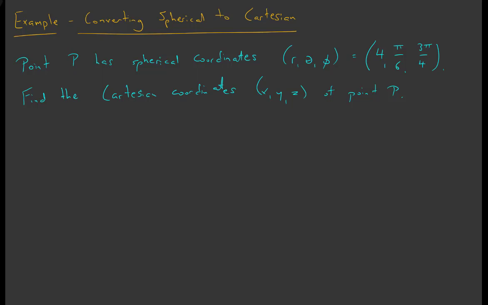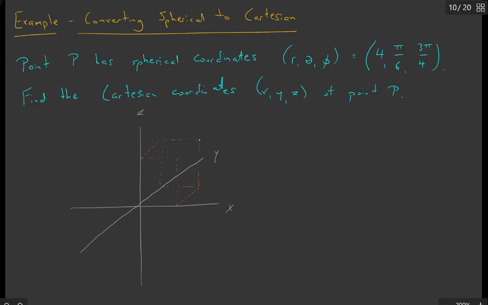Before we begin, let's quickly remind ourselves of how Cartesian coordinates are defined in terms of spherical coordinates. So let's draw our x, y, and z axes. If we'd like to label the position of some point using spherical coordinates, we can do this with a radial distance and two angles.